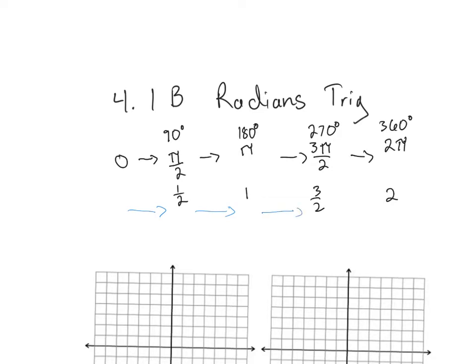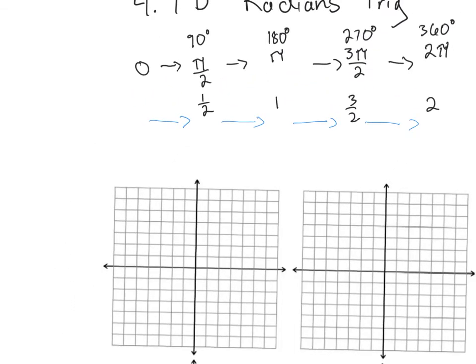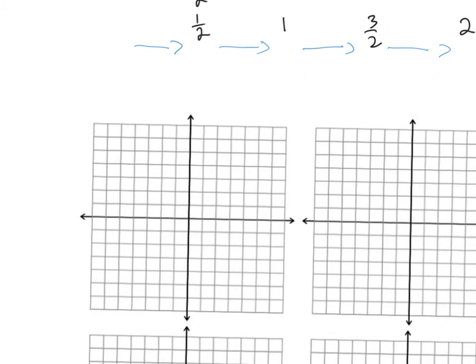Anything between 1 and 3/2 is going to be between 180 and 270, and anything between 3/2 and a full 2 is going to give me between 270 and 360.